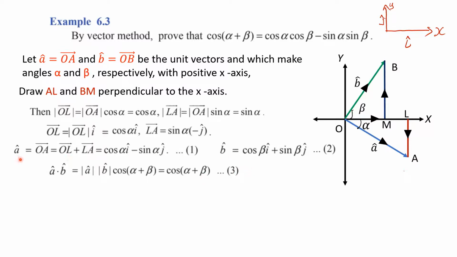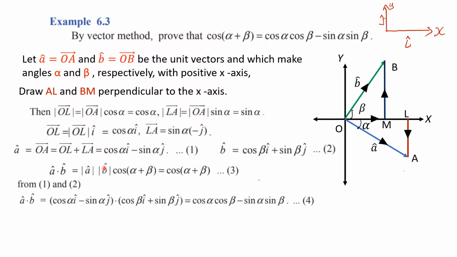Then let's do the dot product of A and B using 1 and 2. Okay, we're going to use this 1 and this 2 and do a dot product of A and B. So bringing cos alpha i minus sine alpha j here, and bringing cos beta i plus sine beta j here, you get this.